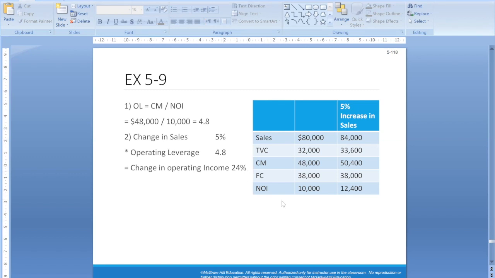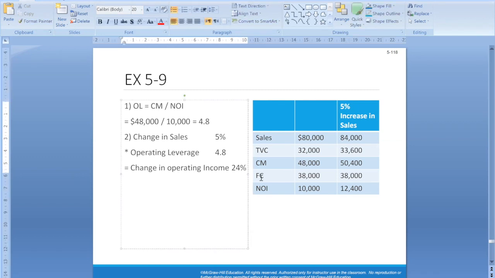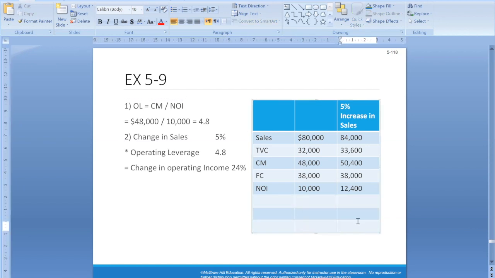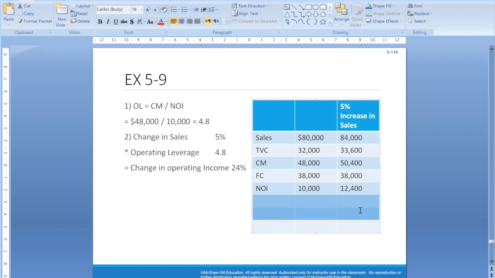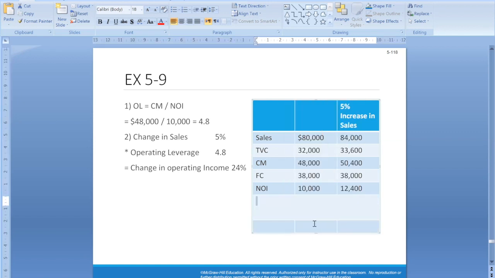The change in net income will be what? 12,400 minus 10,000, all divided by the base, which is 10,000.